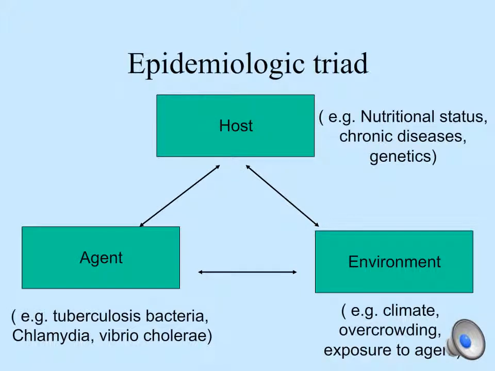So you're well familiar with the epidemiological triad, which talks about the relationship between the host, the agent, and the environment. And this is the sort of analysis that we'll be thinking of in this course, that the environment plays such a huge role as well as the host and the agent.